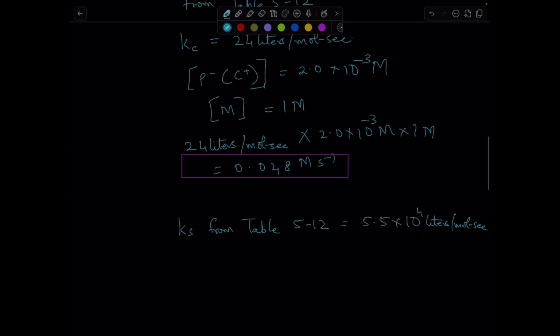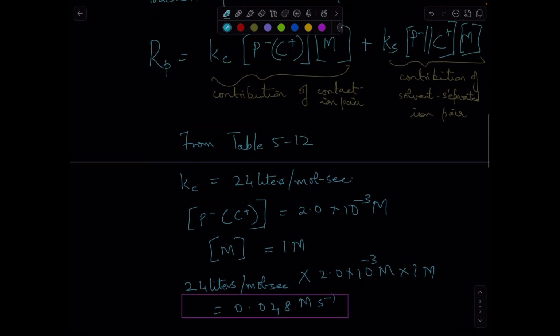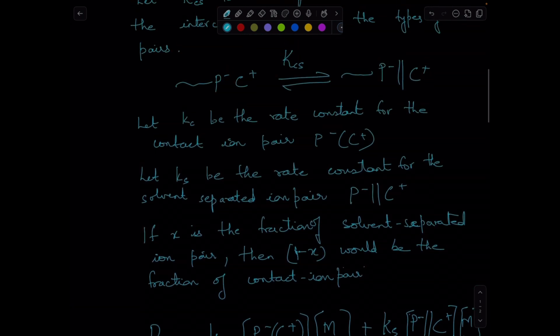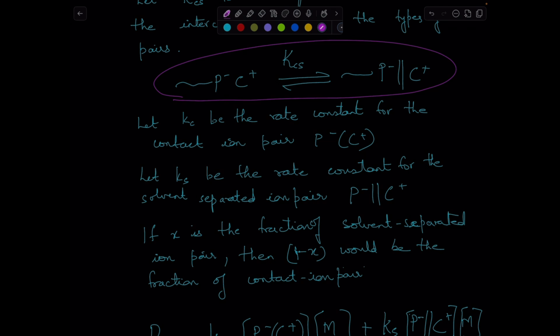Concentration of the solvent-separated ion pair can be found from KCS and the contact ion pair concentration, where KCS is the equilibrium constant here. KCS times the concentration of the contact ion pair can give us the concentration of solvent separated ion pair.